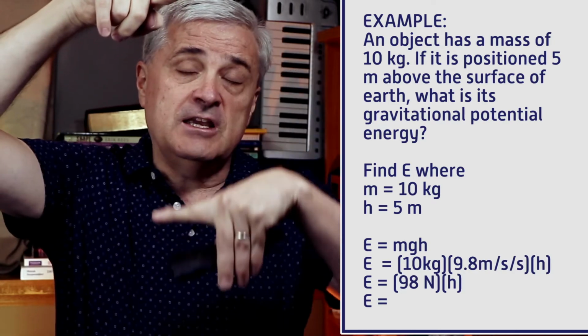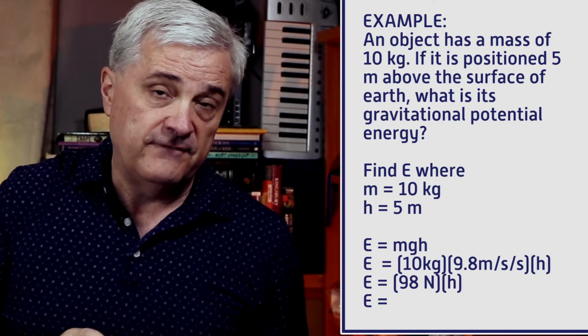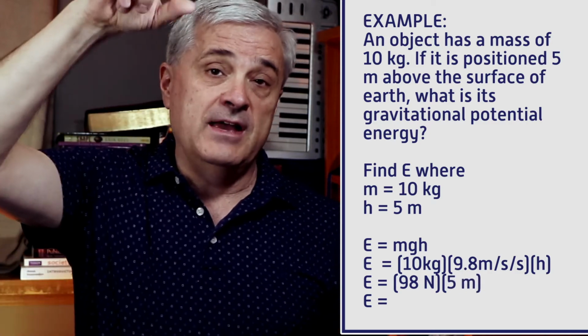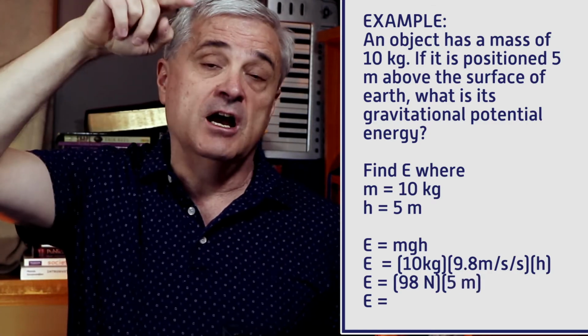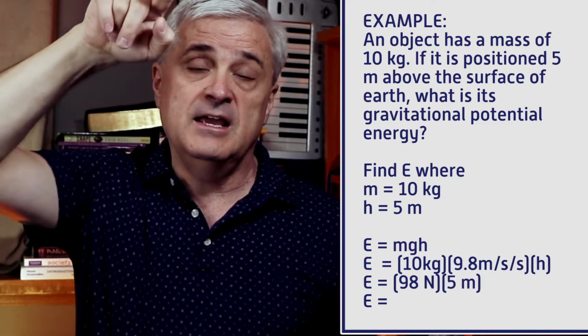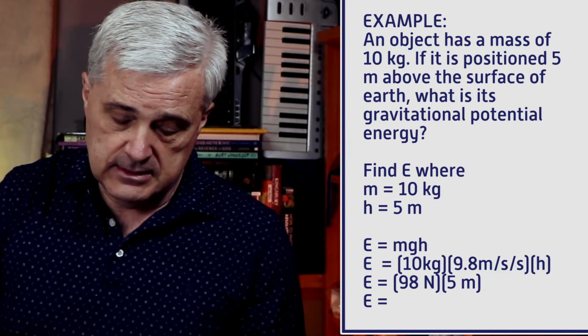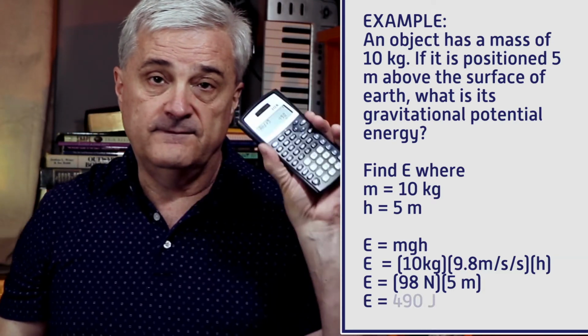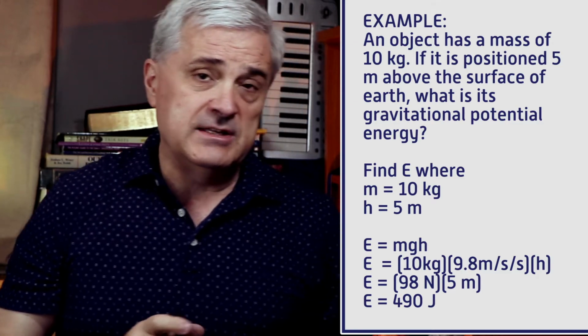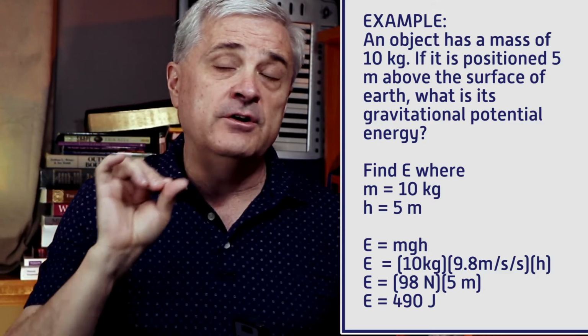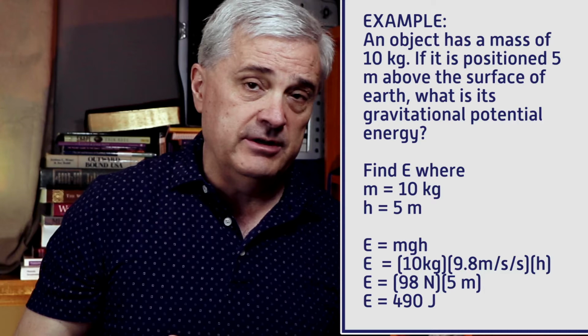And the distance that it can fall is 5 meters. So we have a potential energy of mgh, 98 times 5, 490. So it has the potential of 490 joules of energy. That's just how easy it is.